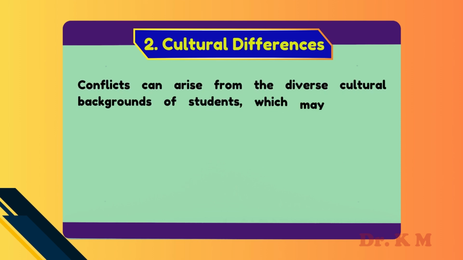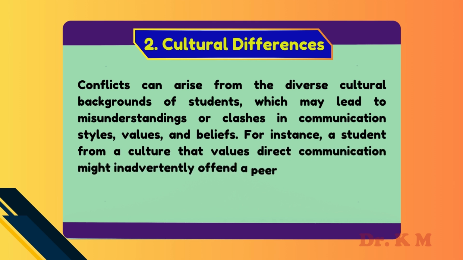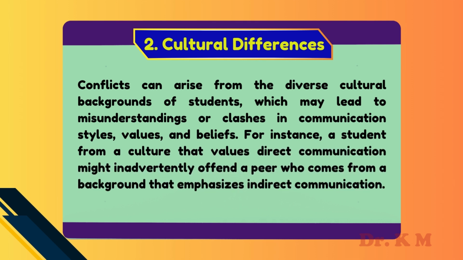Cultural differences. Conflicts can arise from the diverse cultural backgrounds of students, which may lead to misunderstandings or clashes in communication styles, values, and beliefs. For instance, a student from a culture that values direct communication might inadvertently offend a peer who comes from a background that emphasizes indirect communication.